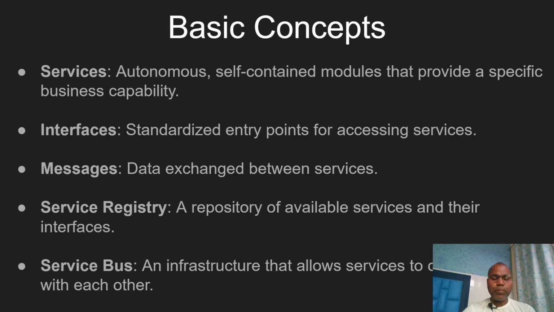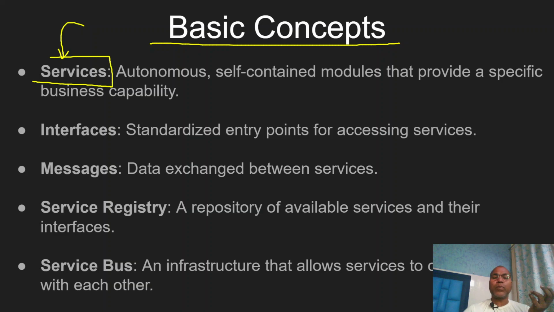There are some basic concepts about service oriented architecture. Whatever service oriented architecture you are going to build, the basic and most critical component is services. As we discussed, a service for a specific business use case is an autonomous, self-contained module that provides a specific business capability.